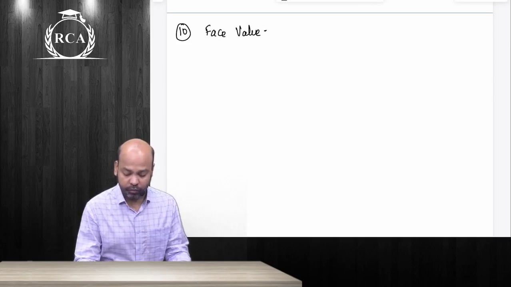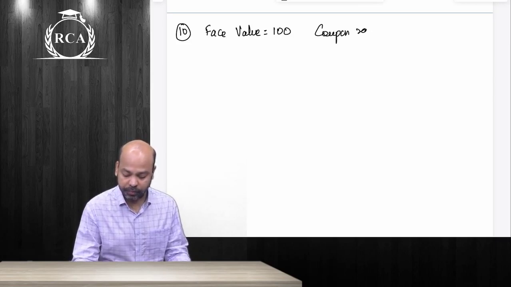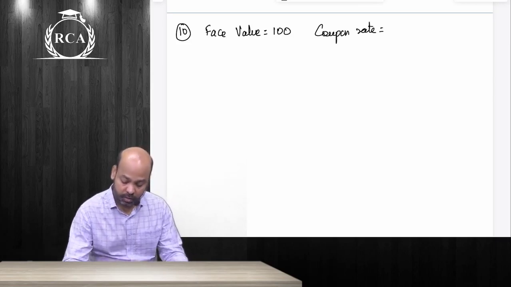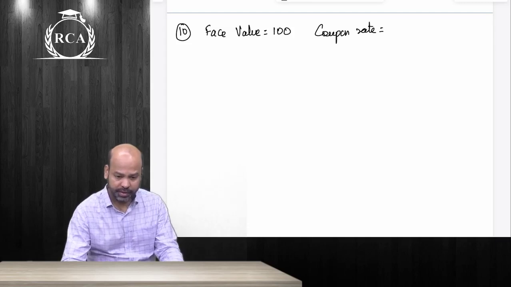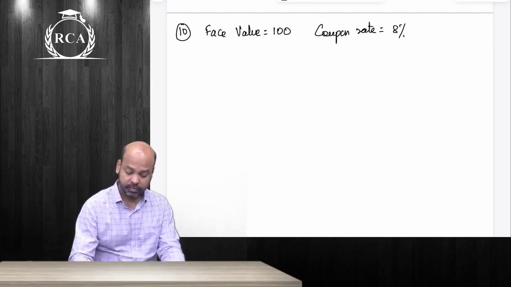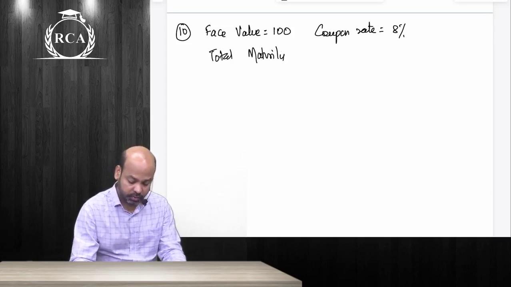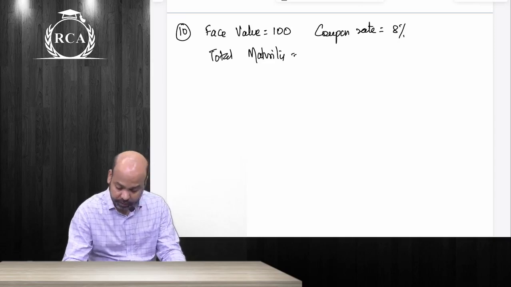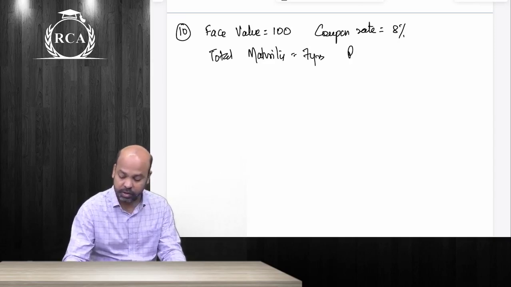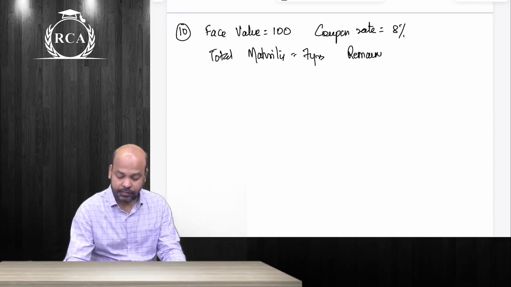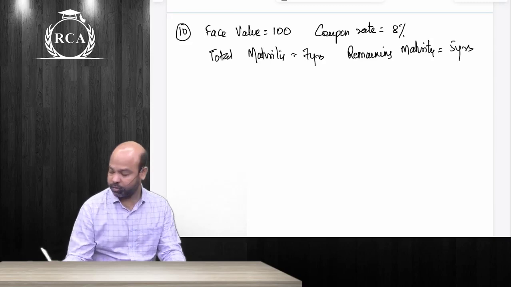Face value of each bond, beta, is 100. Coupon rate is 8%. Total maturity was 7 years. Remaining maturity is 5 years.